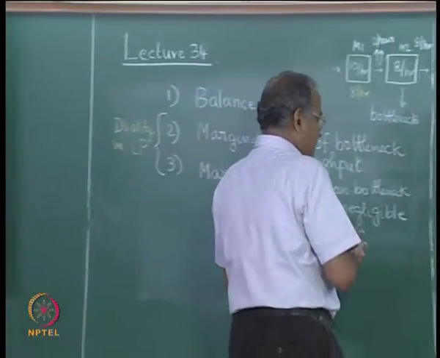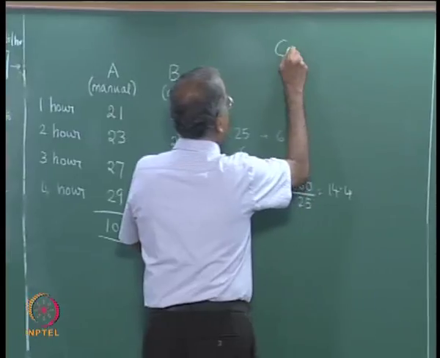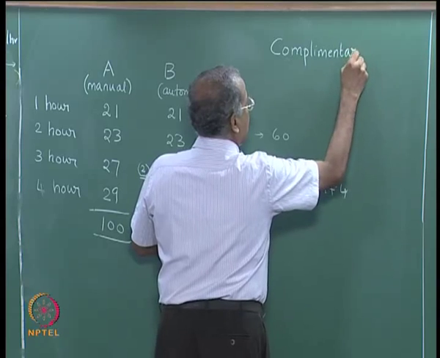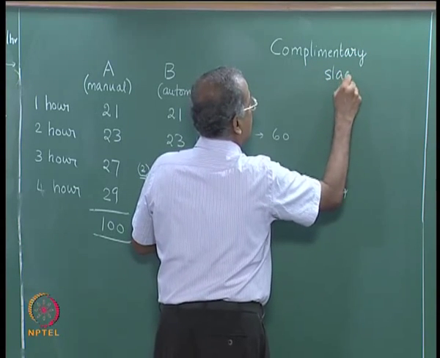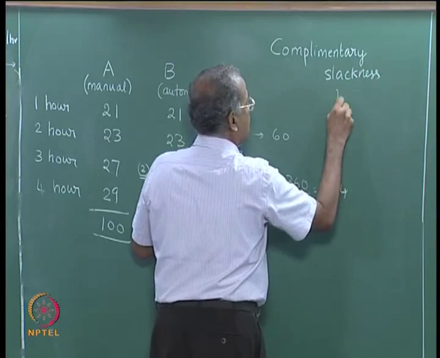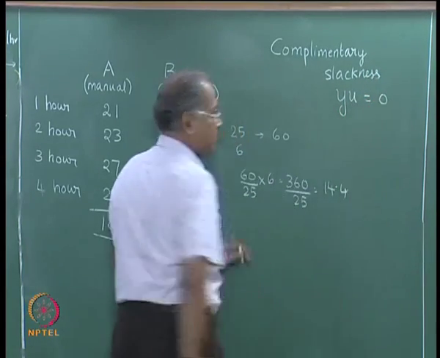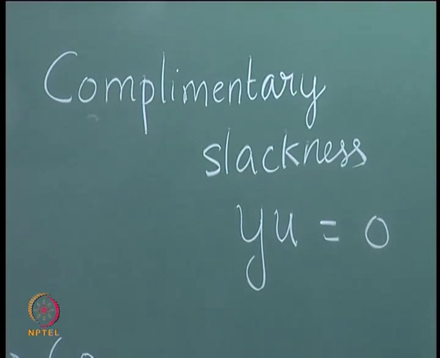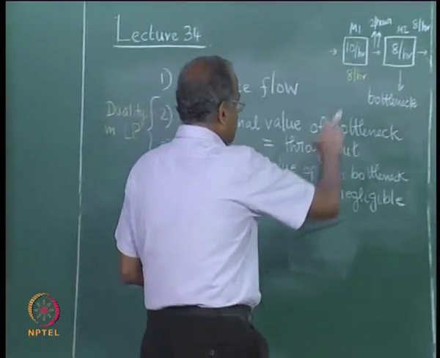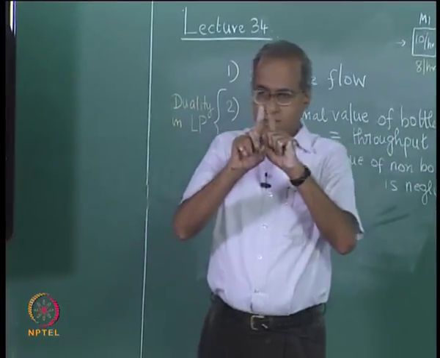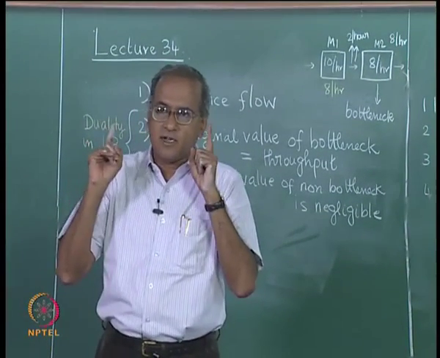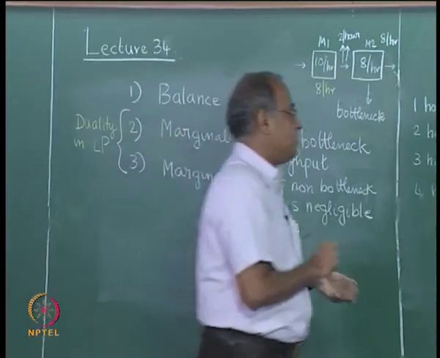So complementary slackness from linear programming: u is the slack of the primal constraint, y is the corresponding decision variable. So when a machine becomes a bottleneck, the time constraint on the machine is used fully. So when the time constraint on the machine is used fully, then u is equal to 0.